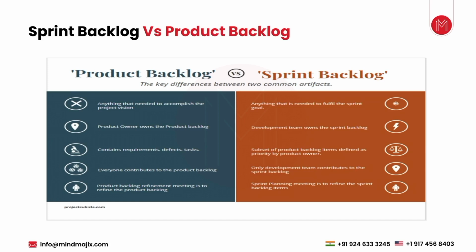Now, coming back to the fourth one, which is that everyone contributes to the product backlog, and only the development team contributes to the sprint backlog. So yes, everyone, whether product manager, the scrum master, or development team, shares their feedback and suggestions. Obviously, the requirement gathering is done by the product owner, but everyone owns the product cycle. Okay, so that is a list of features. Even the scrum master supports that, okay, this needs to be there.